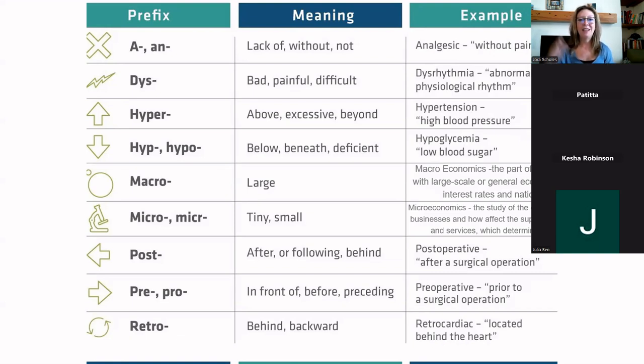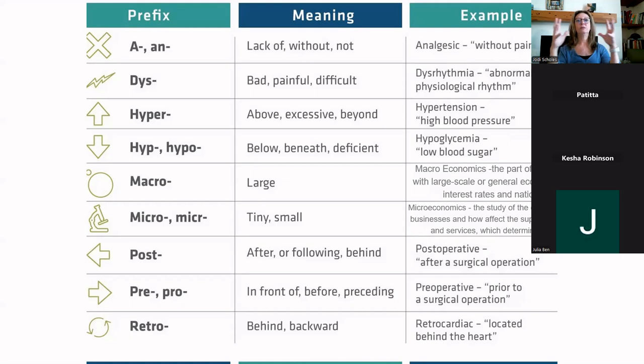Dysrhythmia is an abnormal rhythm, like a dysrhythmia of the heart. Hyper, up, above, excessive, beyond. High blood pressure, hypertension. Hypo, beneath, below. Hypoglycemia, low blood sugar.